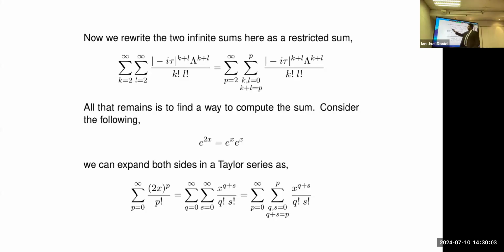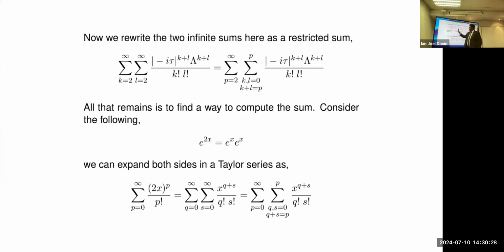So here we see we have two infinite series, right? Now, working with infinite series is always tricky because you need to check things like convergence. However, I can always write these two infinite series as one infinite series and two finite sums. And the way I do that is by adding a restriction, and that's why I call it a restricted sum.